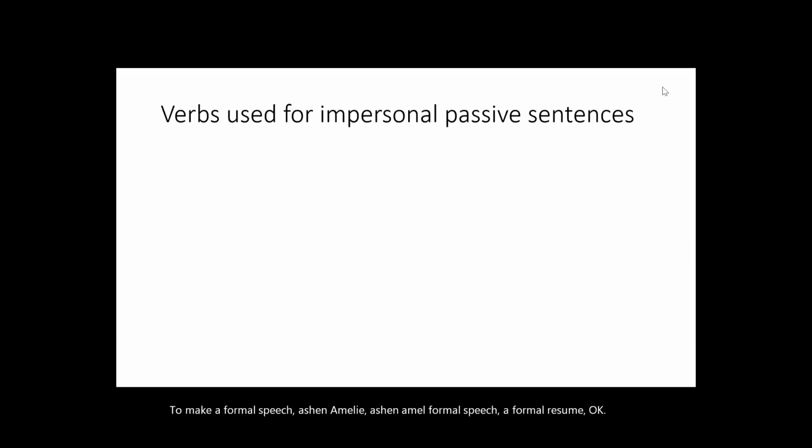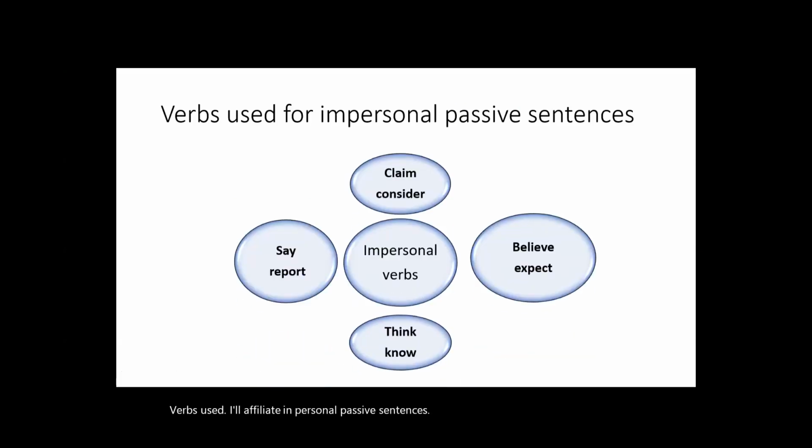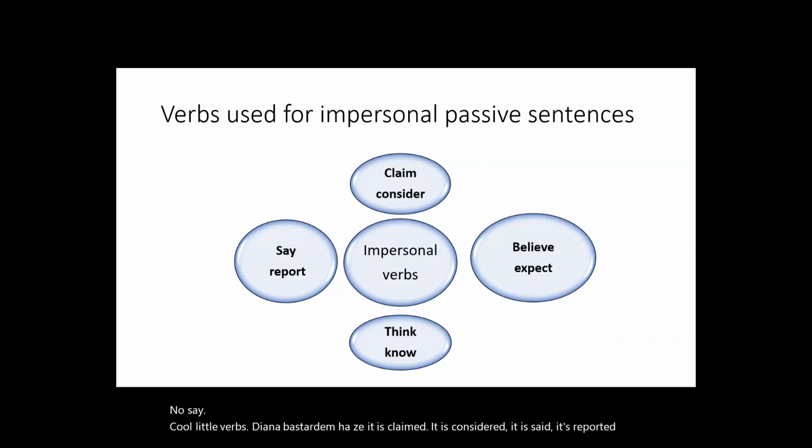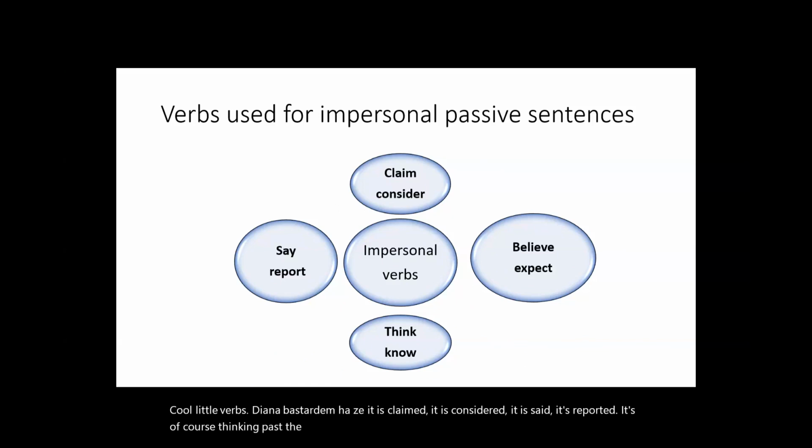Verbs used. ايه الافعال اللي انا بستخدمها مع ال impersonal passive sentences؟ بستخدم طبعا زي ما انتم شايفين كده claim، consider، believe، expect، think، know، say، report. كل الverbs دي انا بستخدمها زي ايه؟ it is claimed، it is considered، it is said، it's reported، it's of course think الباست بتاعها أو ال third form of the verb thought.